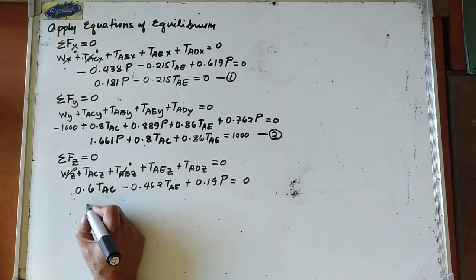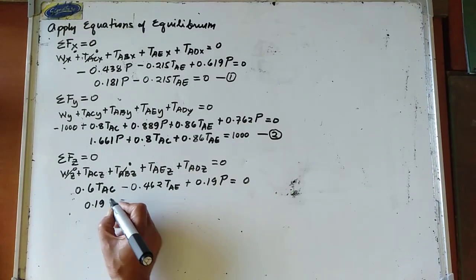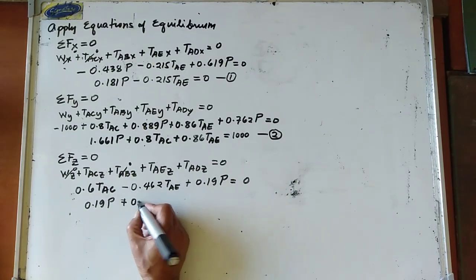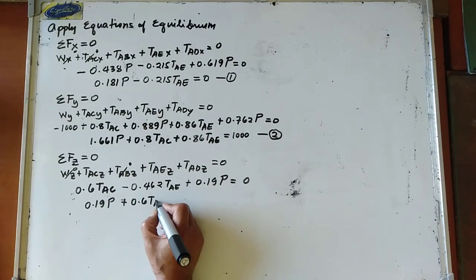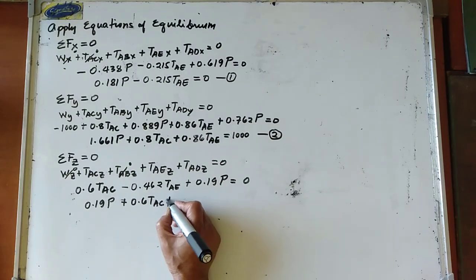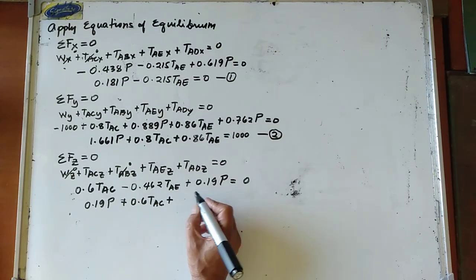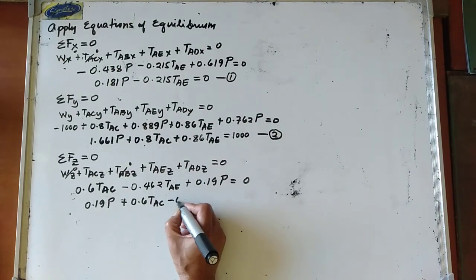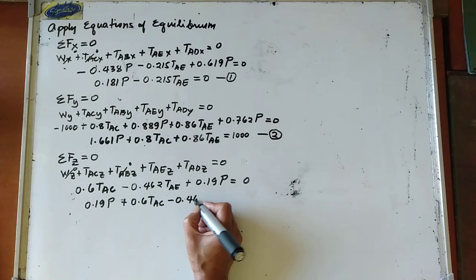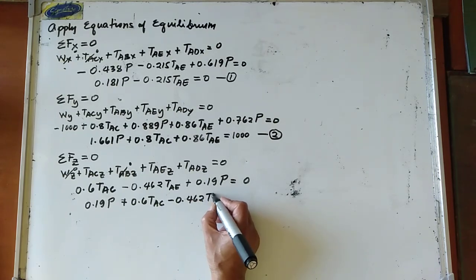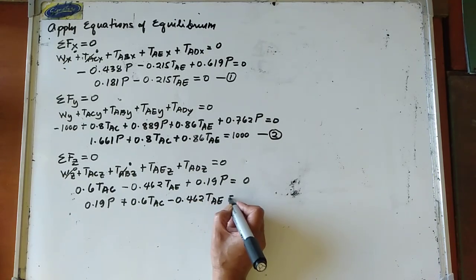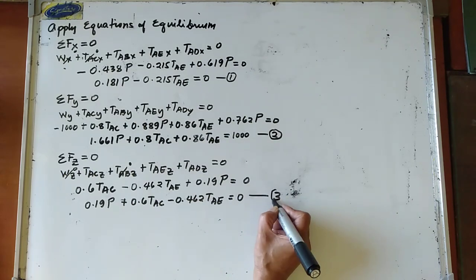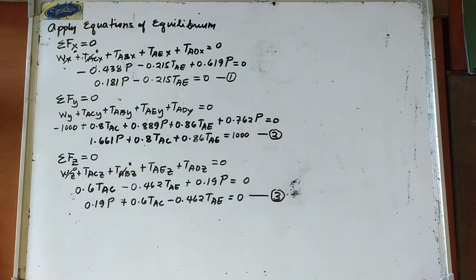So we have 0.19 of P plus 0.6 TAC plus negative 0.462 TAE is equal to 0. Let us consider this one as the third equation.